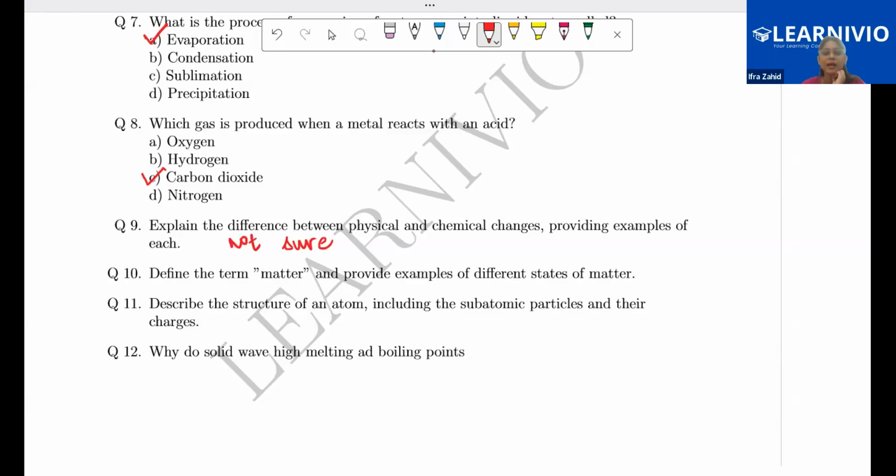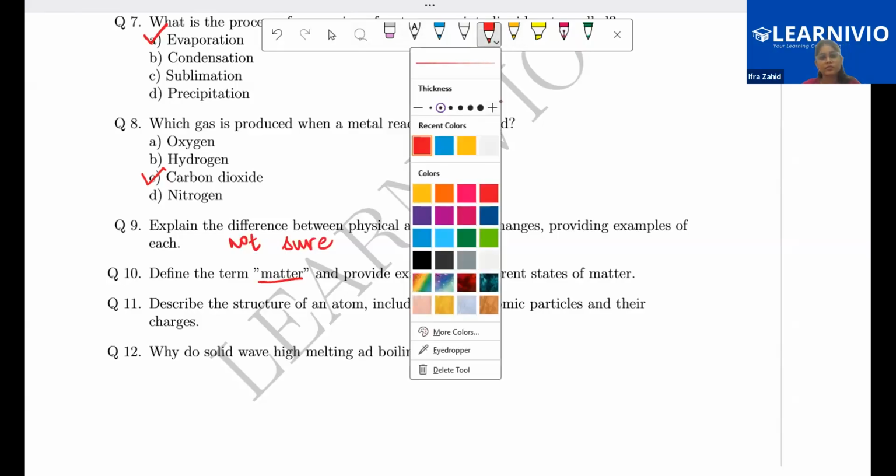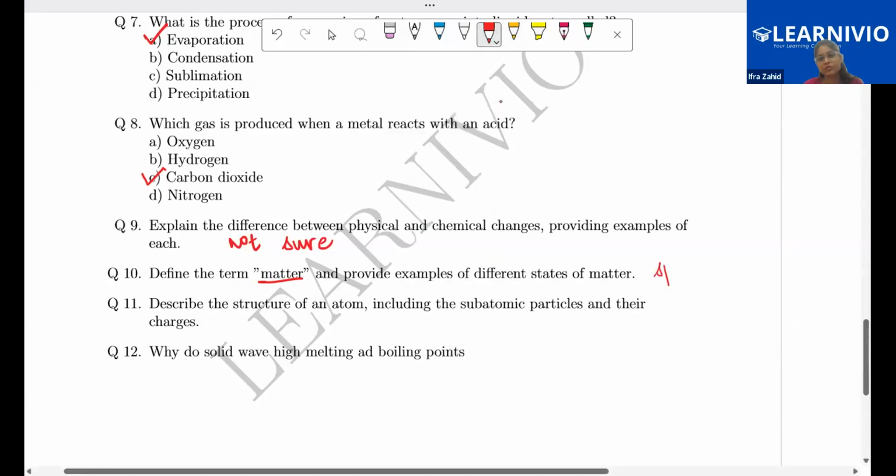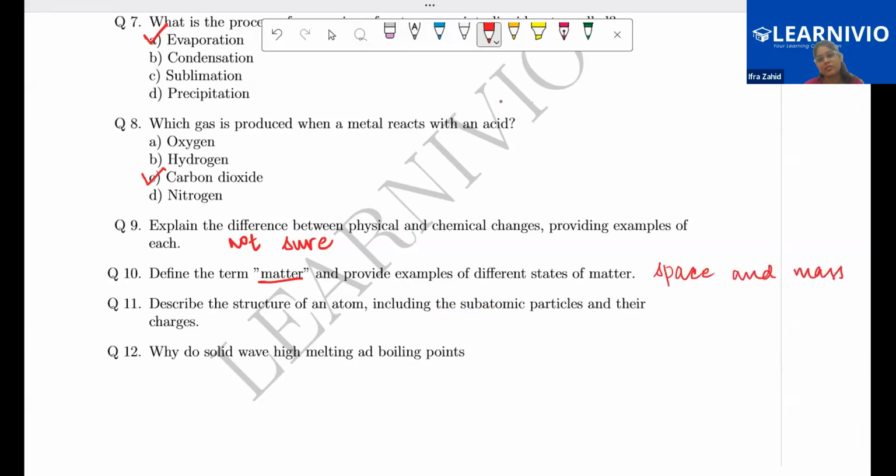Next, define the term matter and provide examples of different states of matter. A matter is a substance which has its own mass and which occupies space in our environment. There are three states of matter: liquids, solids, and gases.